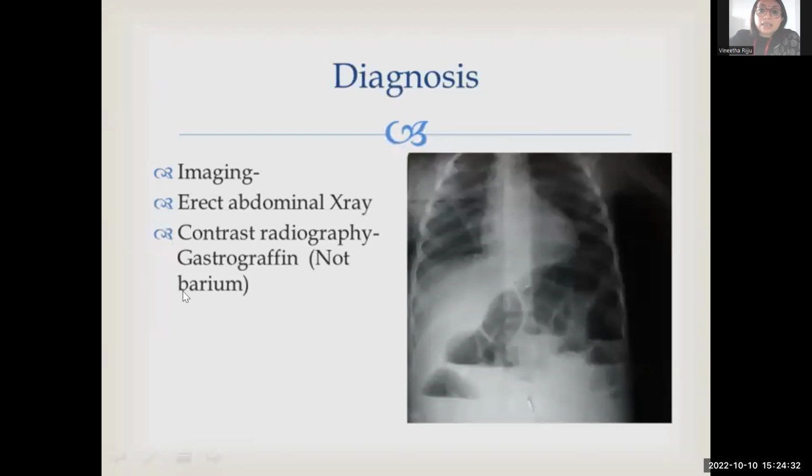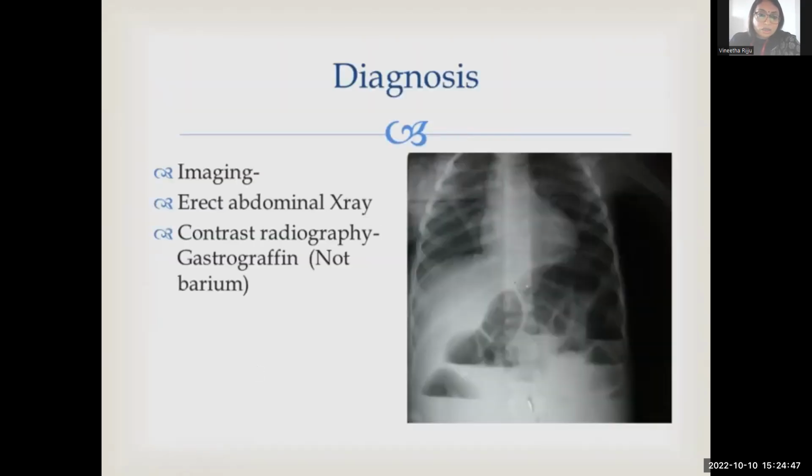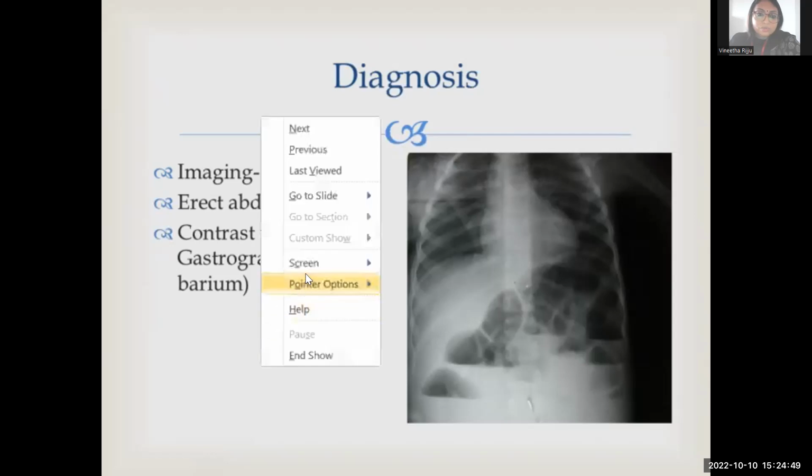Now, one of you were telling me that an erect abdominal X-ray will be taken. Now, what in the erect abdominal X-ray is going to tell you that the patient is having a bowel obstruction? What is going to tell you?